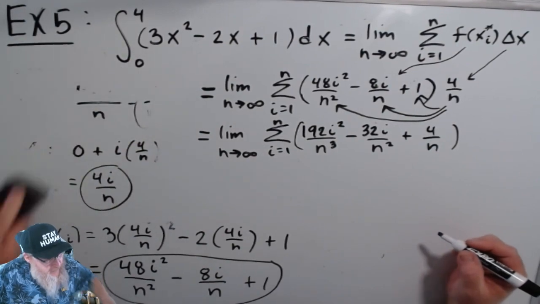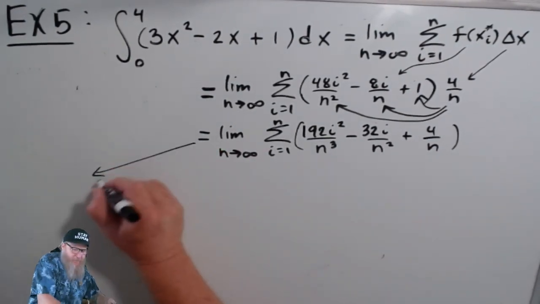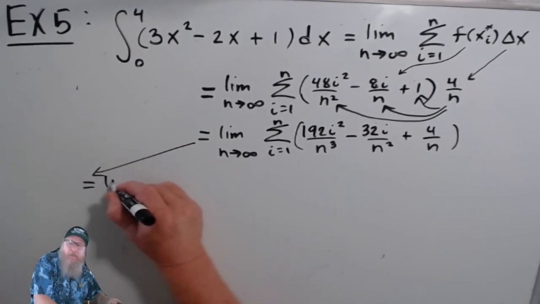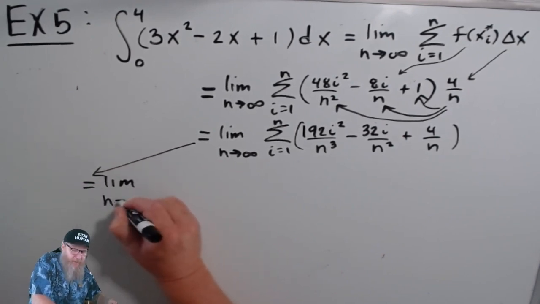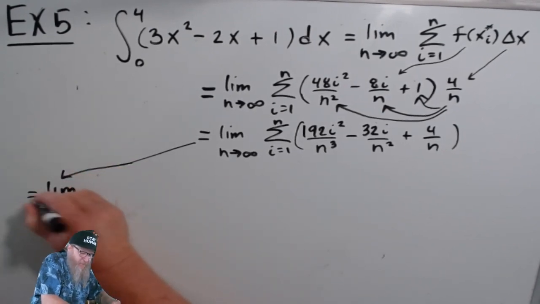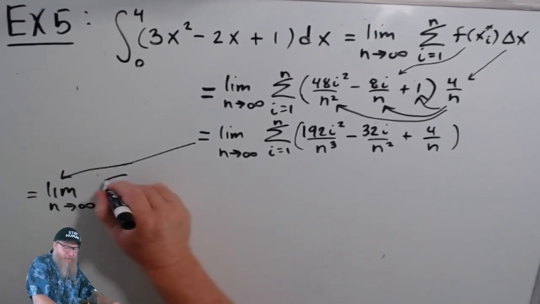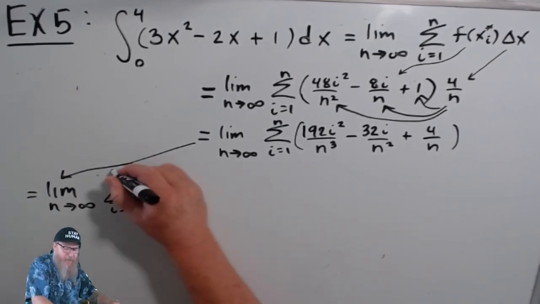I'm going to need more space, so I don't need all these ingredients anymore. Just going to give myself a little more room to work. The limit as n goes to infinity of the sum from i equals 1 to n.